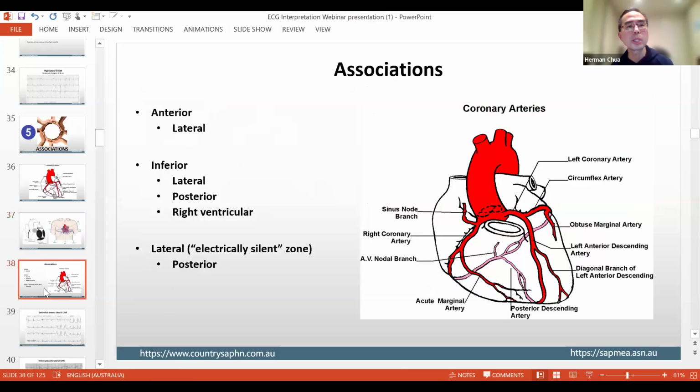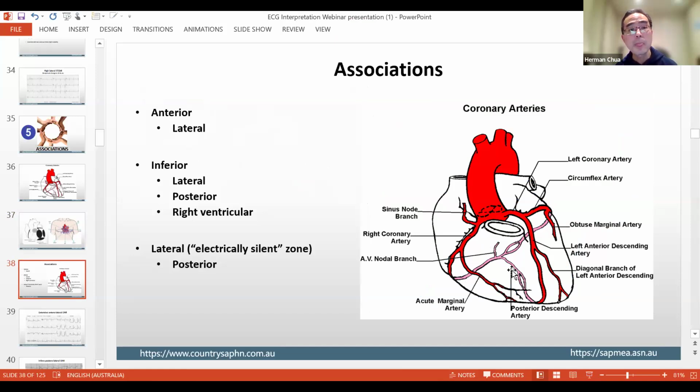And so what is associated with what? I've already said anterior, yep, you can get lateral, so they are friends, okay? Inferior, well, if you occlude, for example, the RCA, you can get a posterior infarct, which is behind the heart here, and a right ventricular infarct.